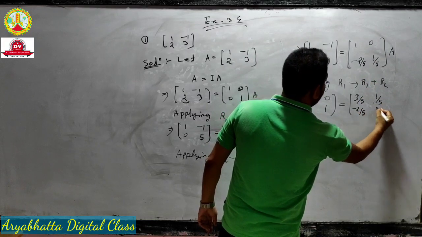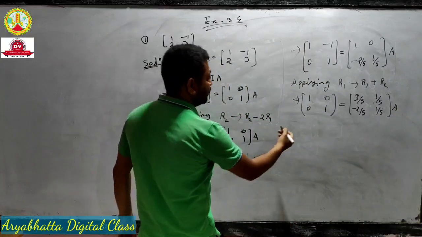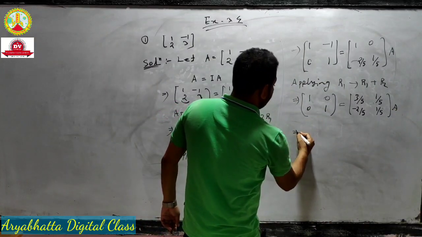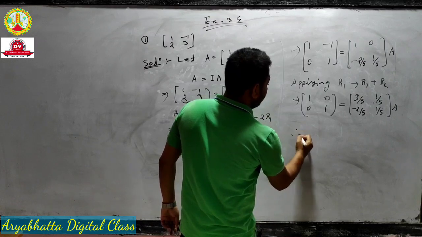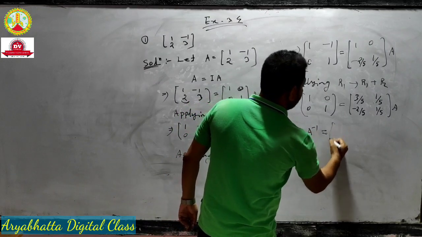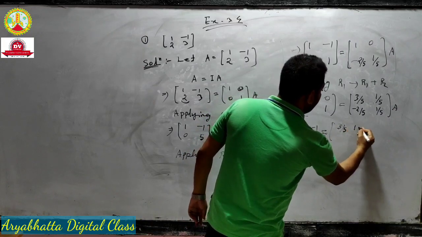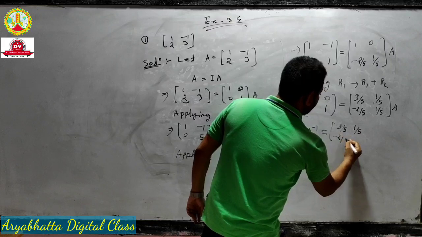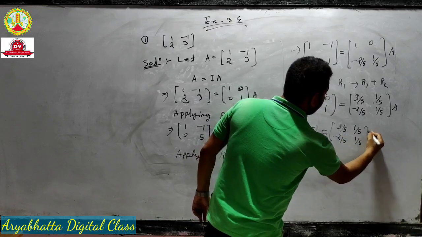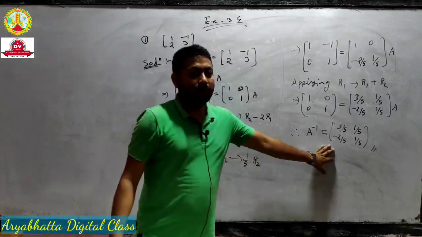This is equal to [3 by 5, 1 by 5; minus 2 by 5, 1 by 5] into A. Therefore, the inverse matrix of A equal to [3 by 5, 1 by 5; minus 2 by 5, 1 by 5]. This is the answer.